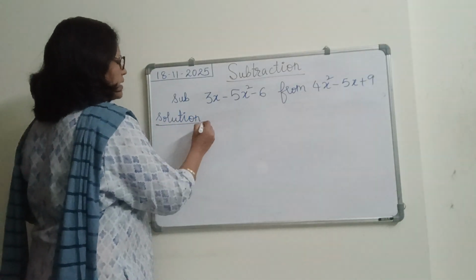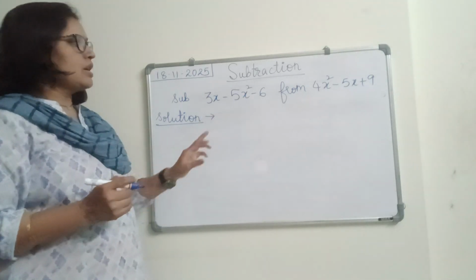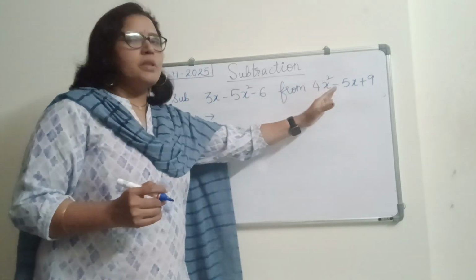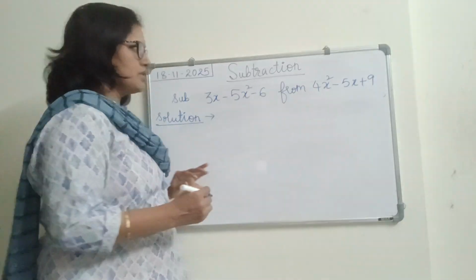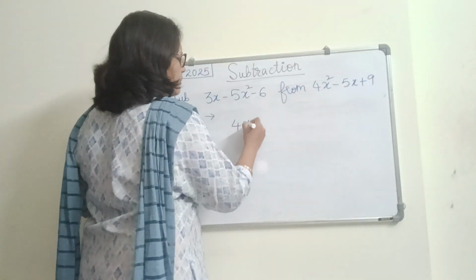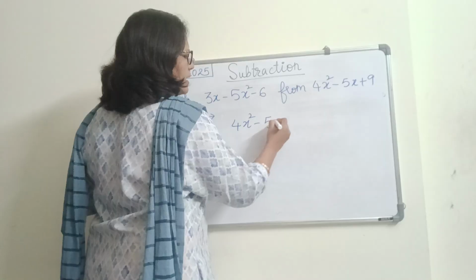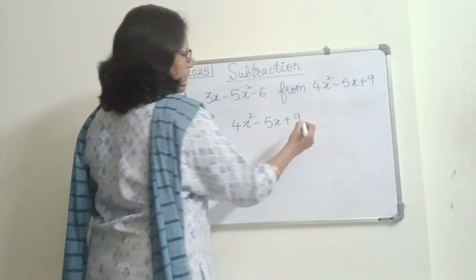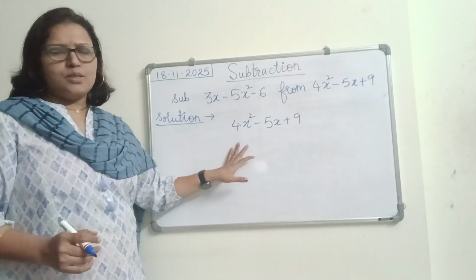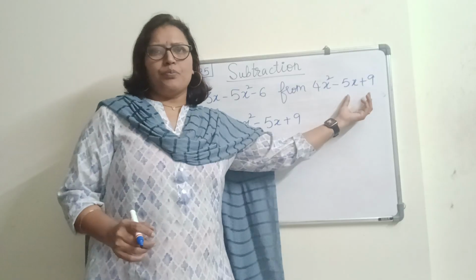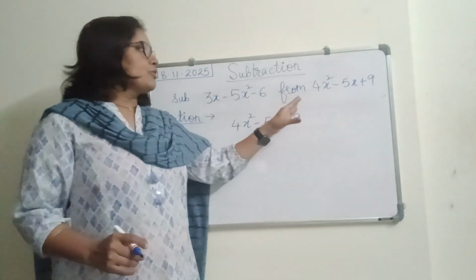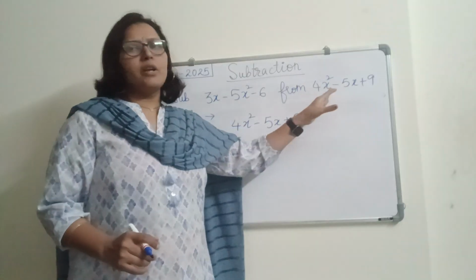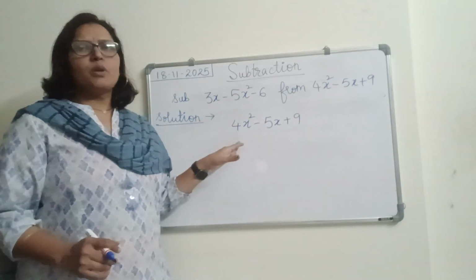Whatever the like terms are, you have to arrange first. From this number you are subtracting this number, so this will definitely be the first row: 4x square minus 5x plus 9. Understood? First we take what comes after "from", because whenever we are doing the subtraction, subtract this from this number. So this number comes on the top and this number on the bottom.